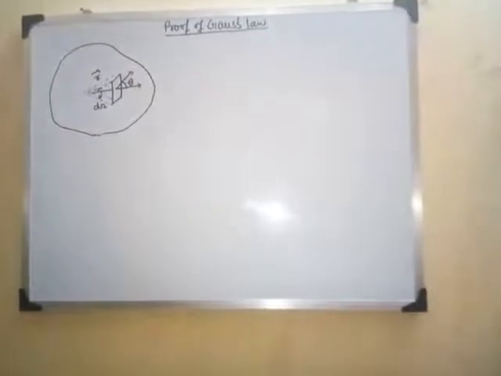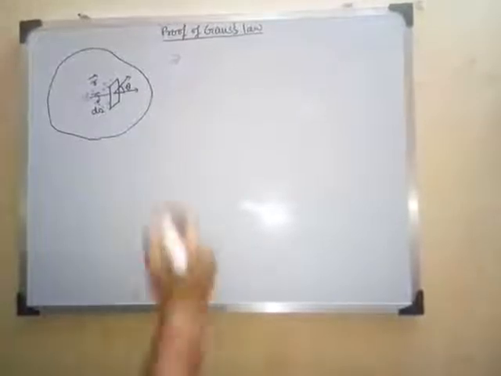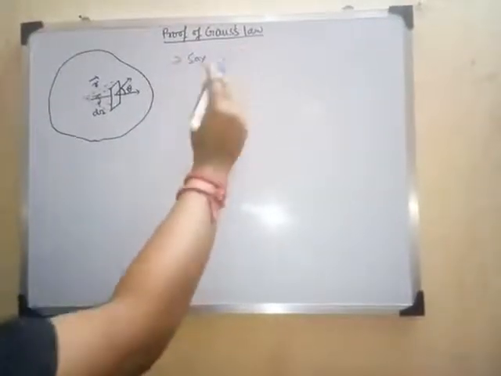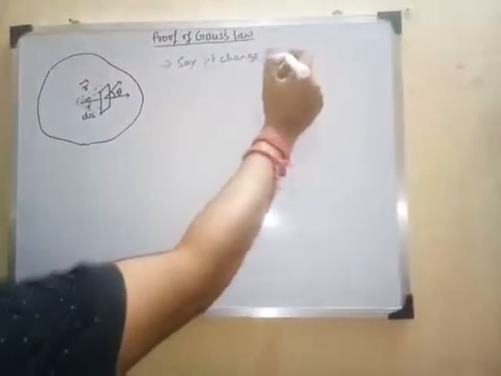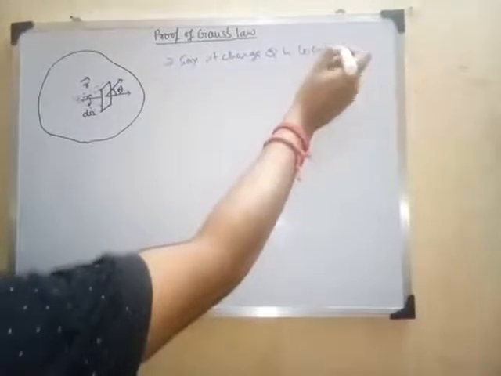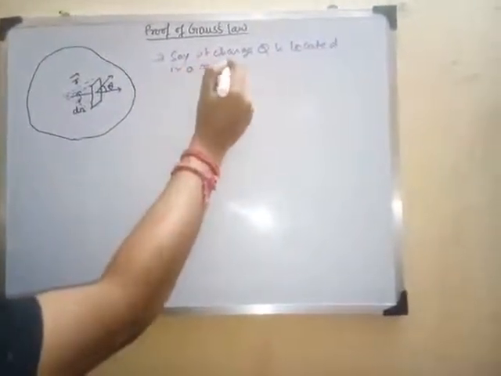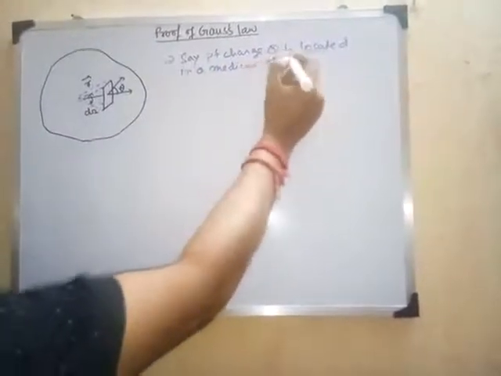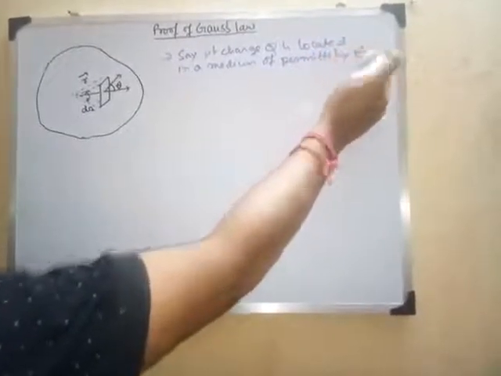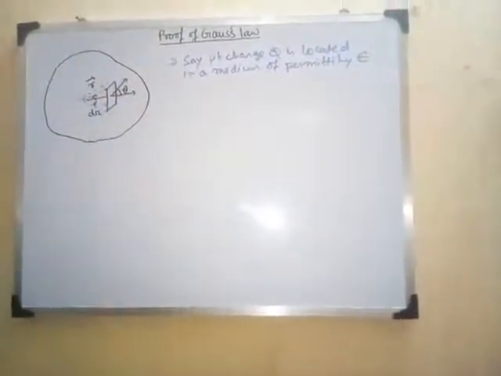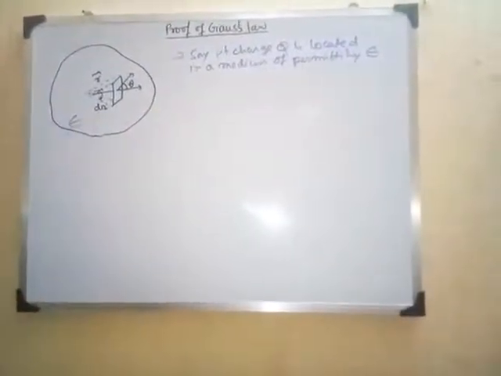So let us see how this Gauss law can be proved. Suppose a point charge q is located in a medium of permittivity epsilon. This is a medium where the point charge q is located, and the permittivity of this medium is epsilon.